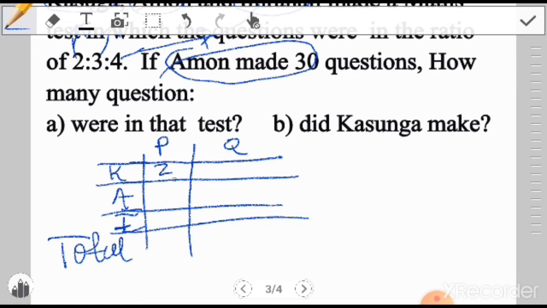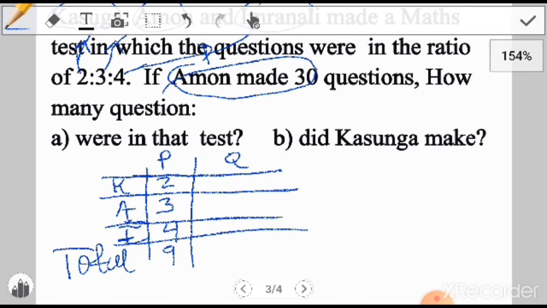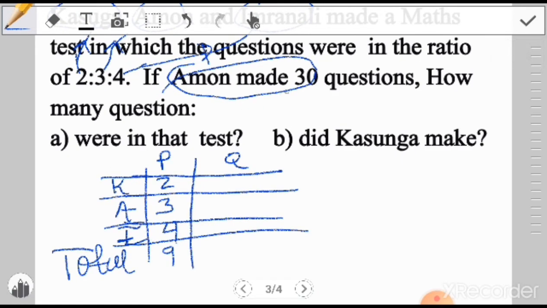So here we have 2 parts, 3 parts, and 4 parts. 2 plus 3 plus 4 is 9. Now, we have been given the amount of questions which Amon made. So the corresponding parts for the 30 questions will be 3. So we fill 3 here. How many questions were in that test? They want the whole number of questions, so this corresponds to the total parts, which is 9.